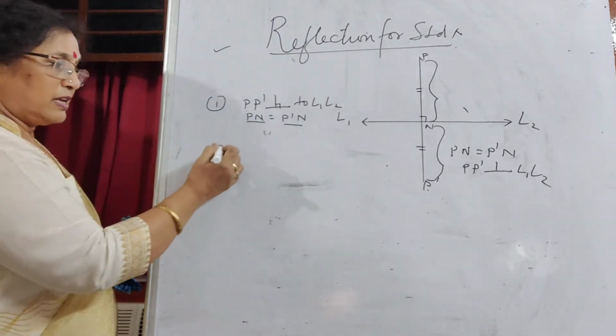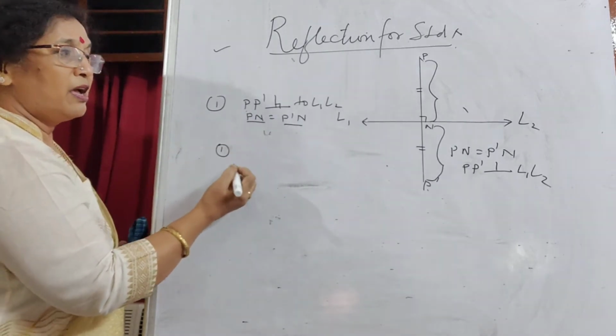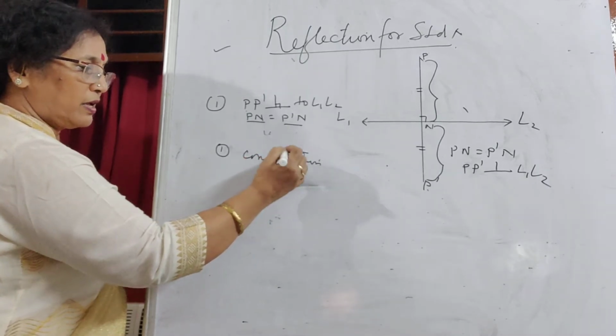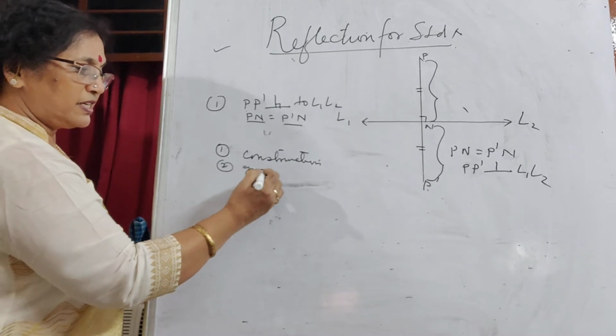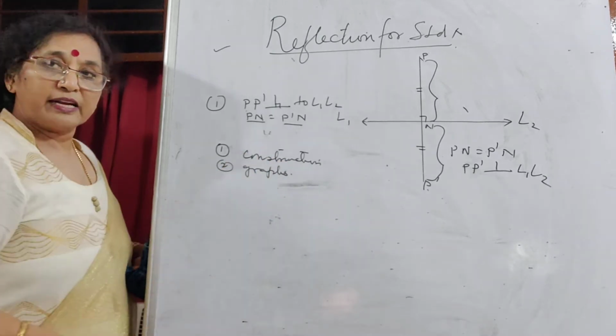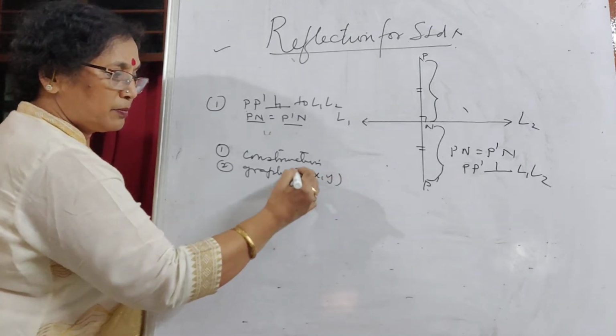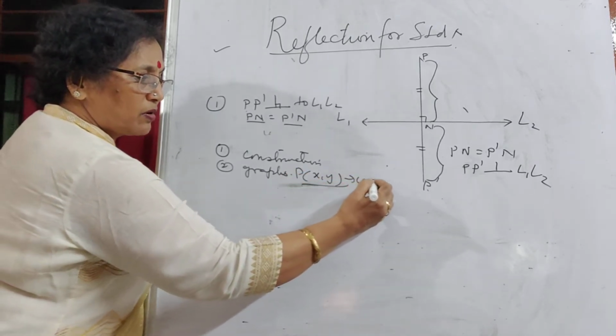So what I said, reflections can be done by construction, then by graphical representation, graphs, that is generally for coordinate geometry. When you are given coordinates, the point is in coordinate form.